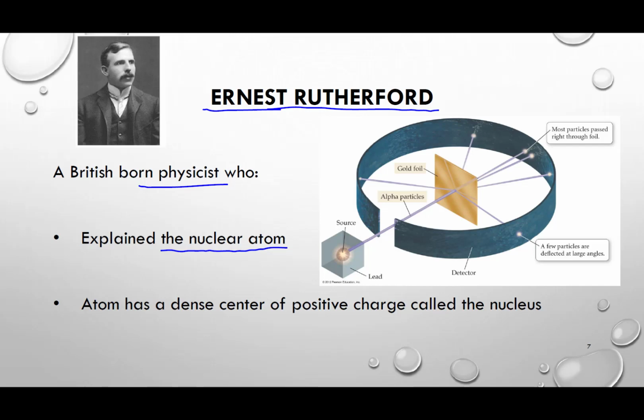Some of them bounced back. That means electrons are not held in a sphere of positively charged species. At the center of the atom are the protons. When alpha particles hit the center of the atom, some of them bounce back.